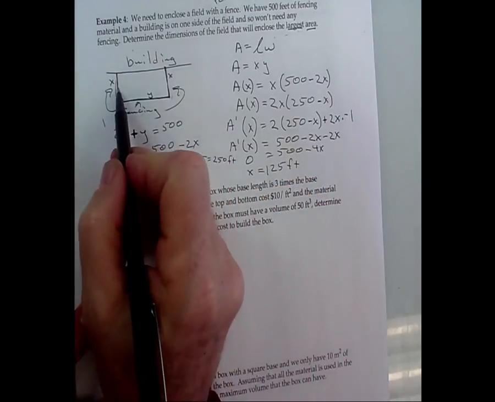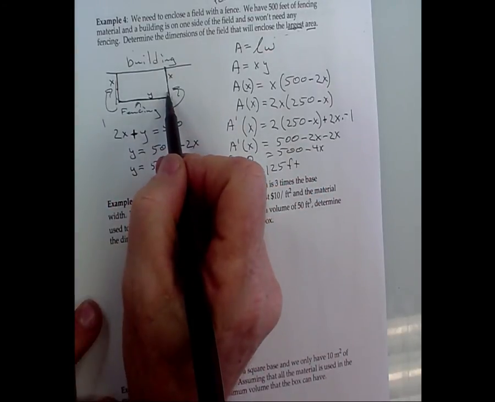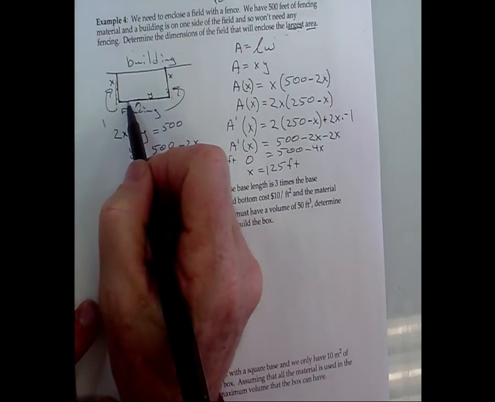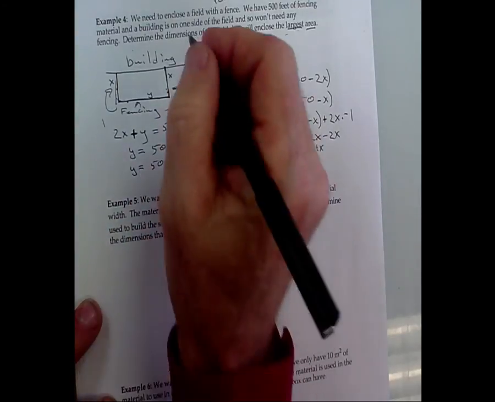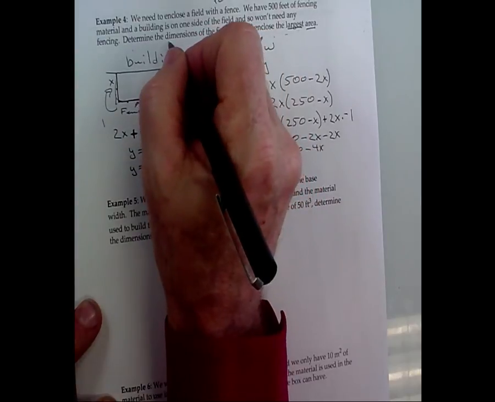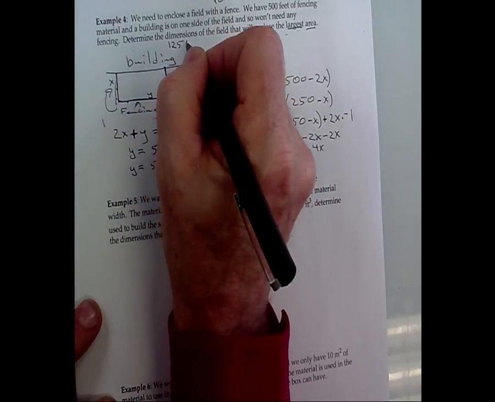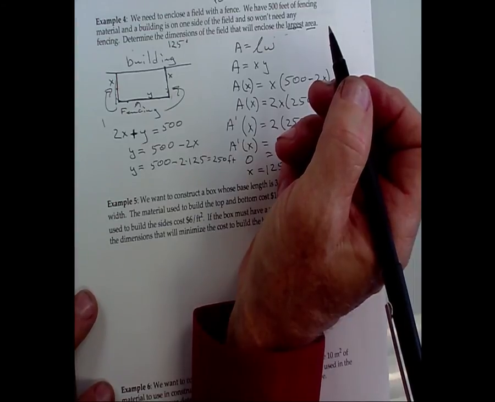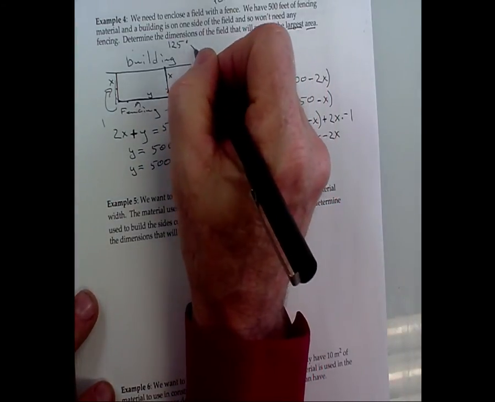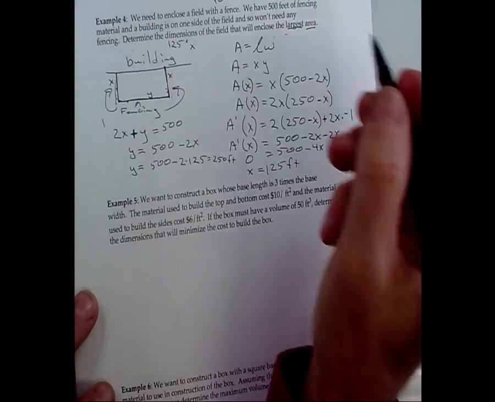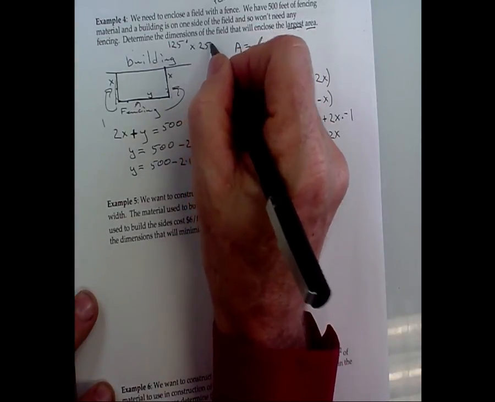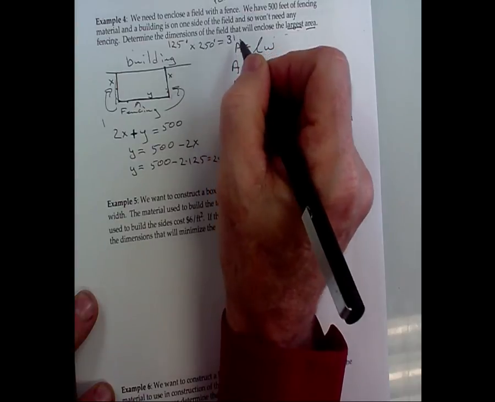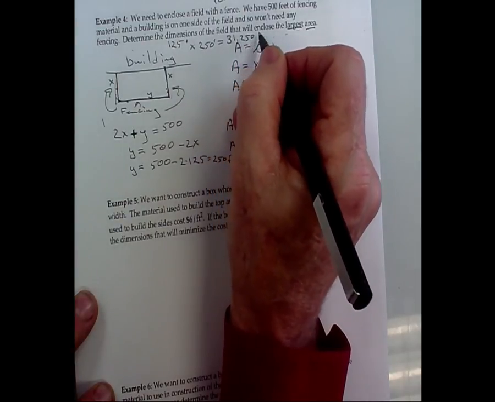So this is 125 feet, this is 125 feet. Add them together, I get 250 feet. Add this to 250, I get 500. So my dimensions are 125 feet. Does everybody know that's the symbol for feet, that single mark? Yeah. By 250 feet gives me a maximum area, I believe, is 31,250 square feet.